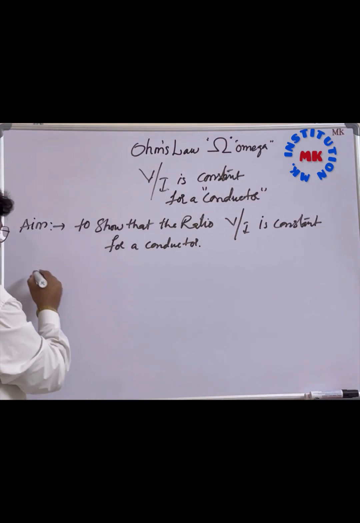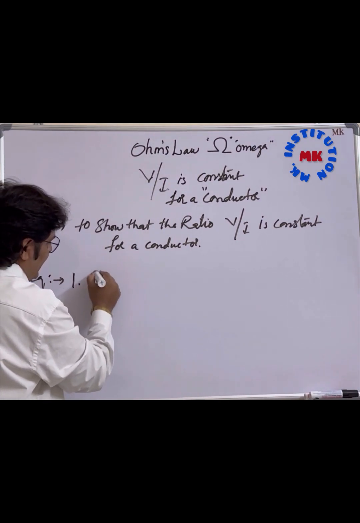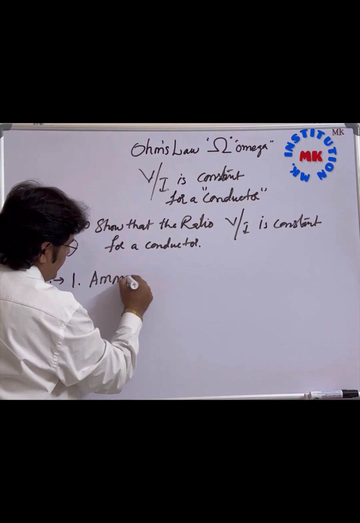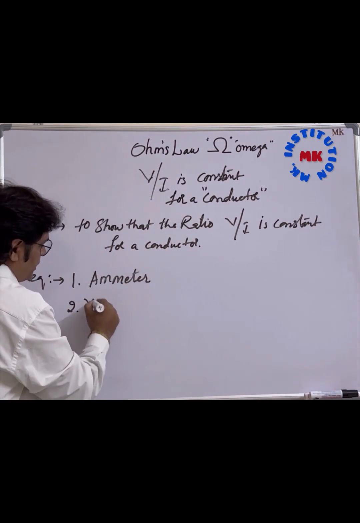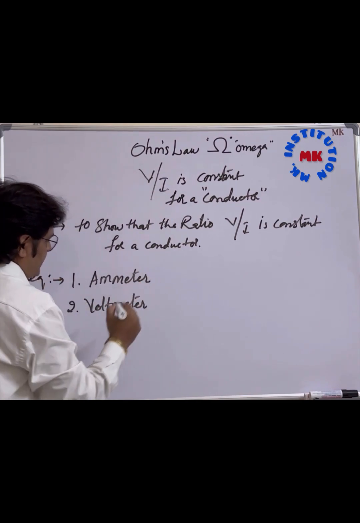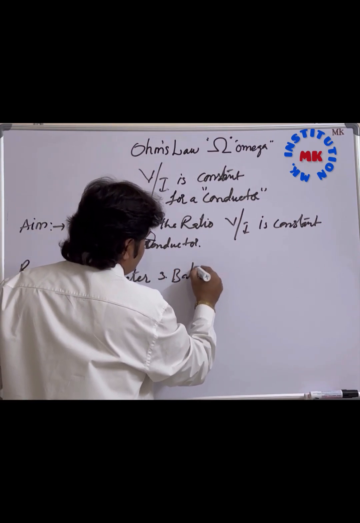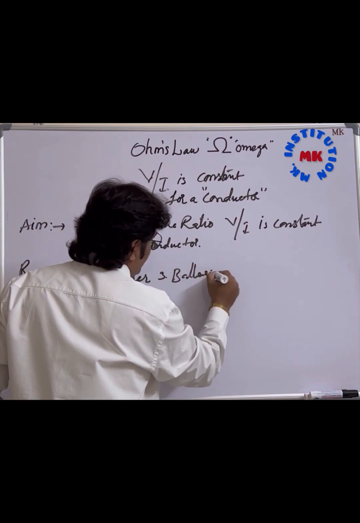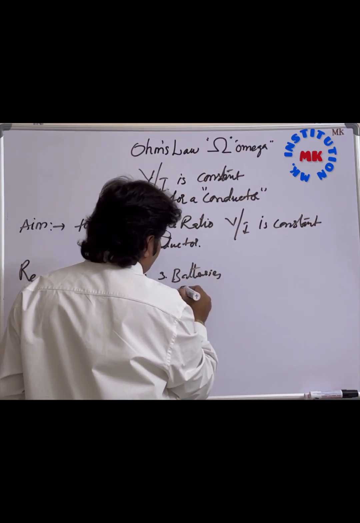Now, what is the requirement for this? What are the things we require here? The first one, very important, is the ammeter. The second one, voltmeter. And the third one, batteries. You can take 4 to 5 batteries.